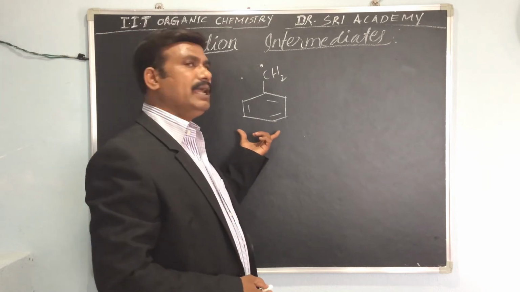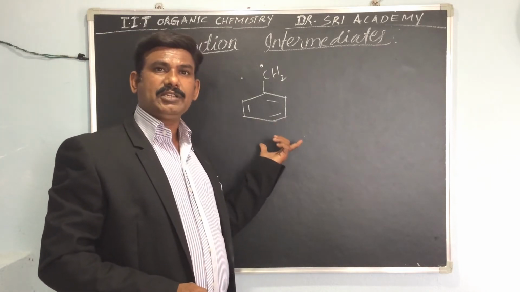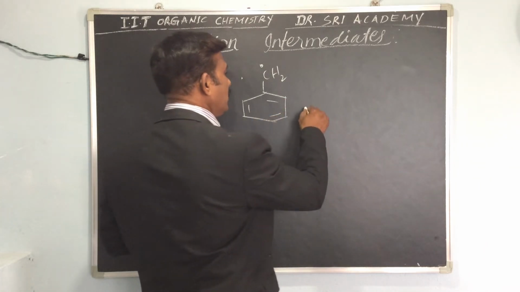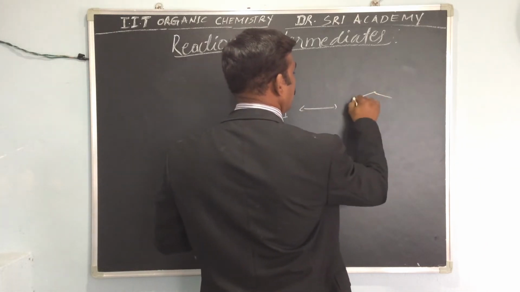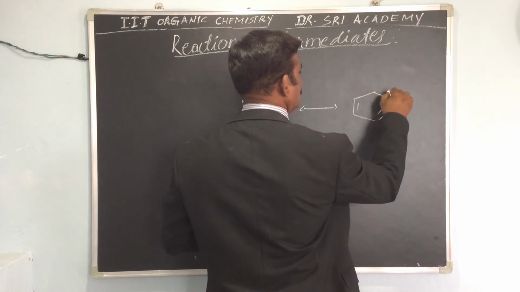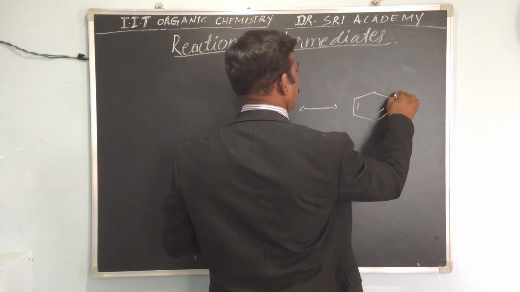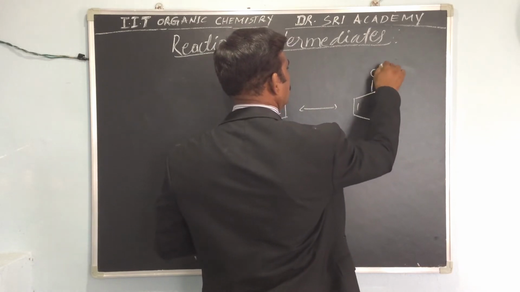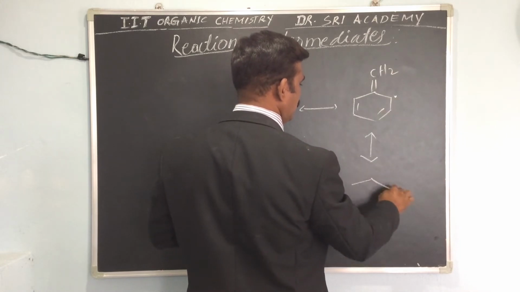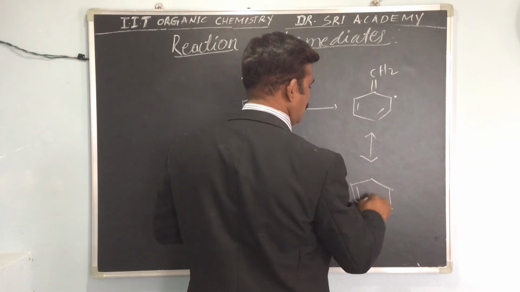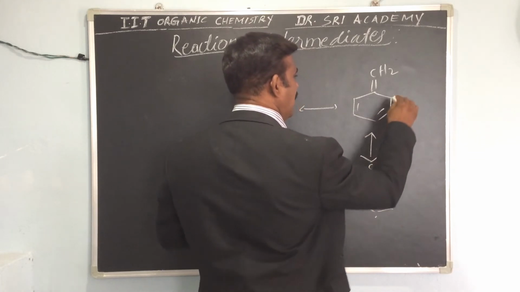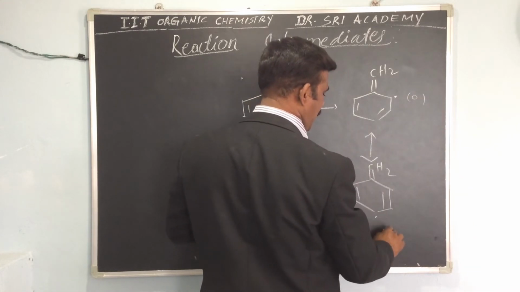So we know that the resonance structures of this are at the ortho and para positions. We can rearrange this one, either this side or this side, the para radical is there. And CH2, the ortho position and para position.